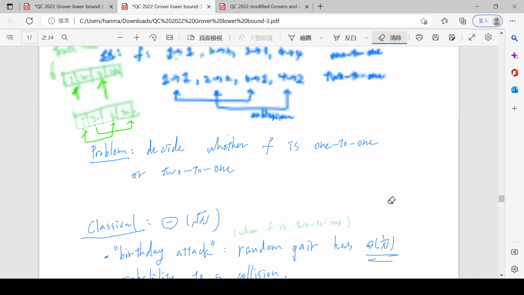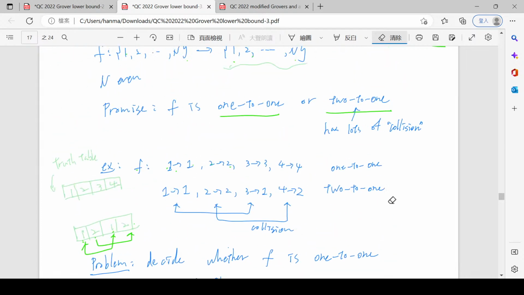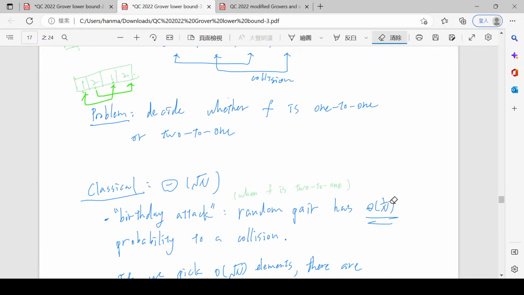And classically, I think I let you do this in homework. We already saw this when we talked about Simon's problem. As a review, the query complexity is order square root n, or big theta of square root n. The upper bound is by this birthday attack. The idea is that you pick two random locations.